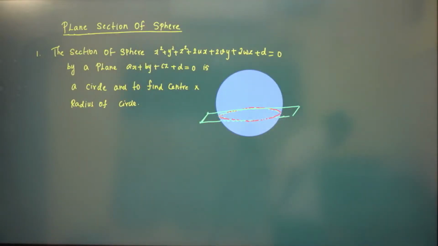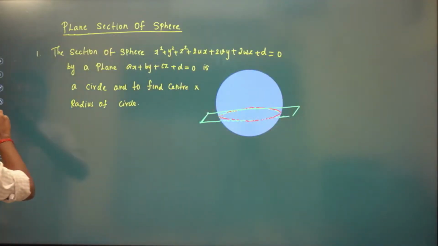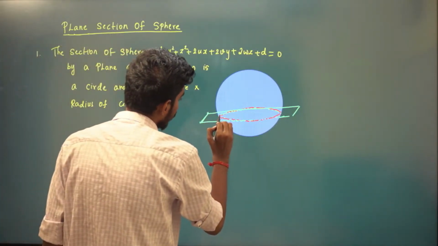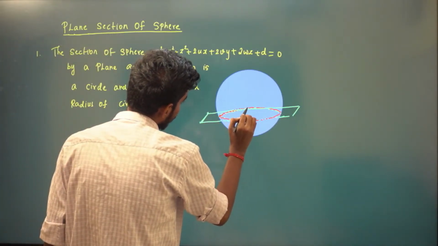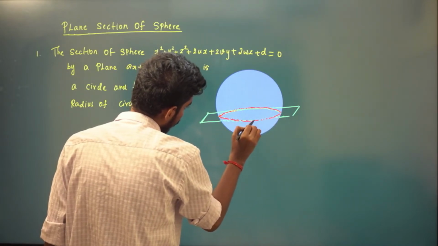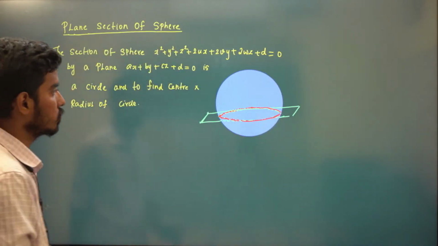The red color is a circle. Now we are also going to find the center and radius of this circle.